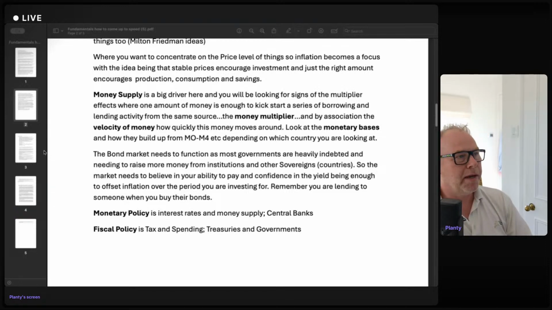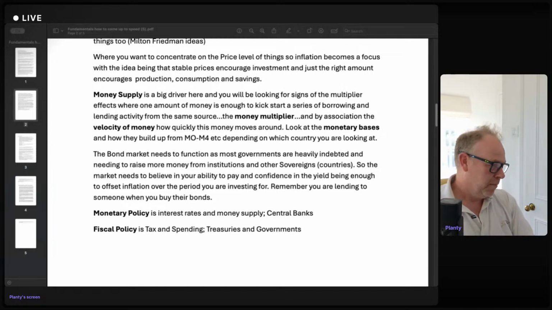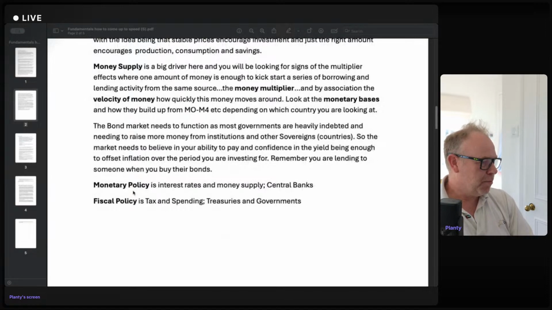Someone like Argentina has always had to pay a big premium on their interest rates when they come to market to raise money, because they've gone bust so many times. So you're not going to lend them money at 5%, you're going to want 20%. It's just common sense.